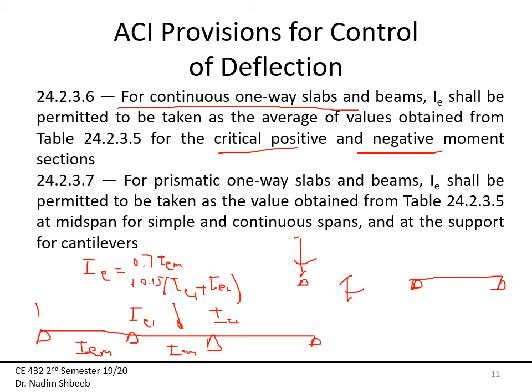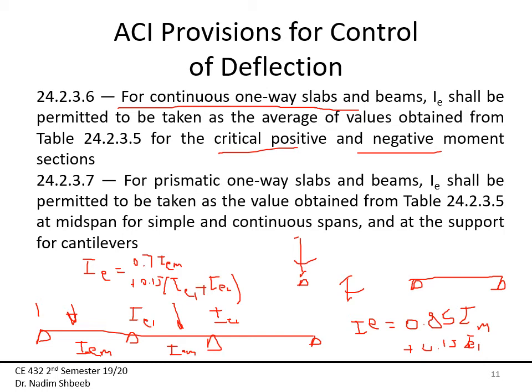Now, if I am talking about this span right here, which is what we call one end continuous, then one form of the equation might be I effective is 0.85 I mid plus 0.15 IE1. Okay, again, these are average values for the moment of inertia.